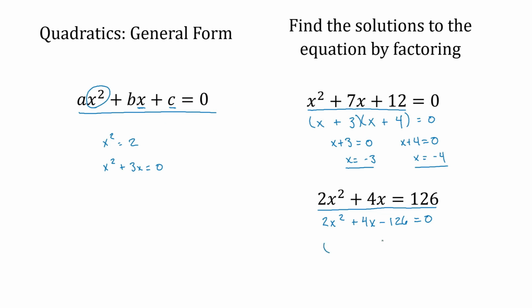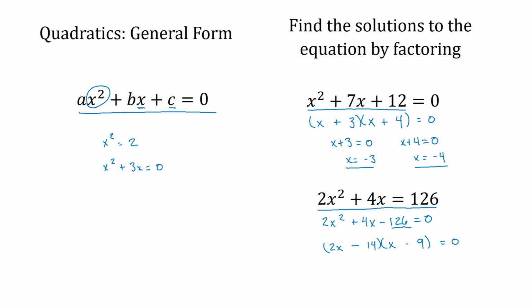Now I know I'm going to factor this one, so I'm going to give myself two factors that are equal to 0, so I'll have a 2x here and an x here. I need factors of 126 that I can get to give me a 4x. So let's try 14 and 9. Now, this is a -126, which means I'm going to have a plus sign in one of these quantities and a minus sign in the other.